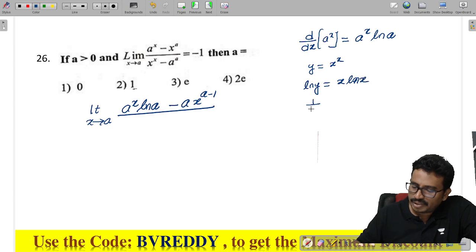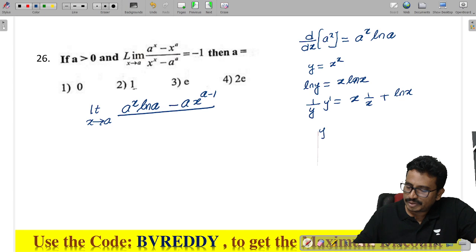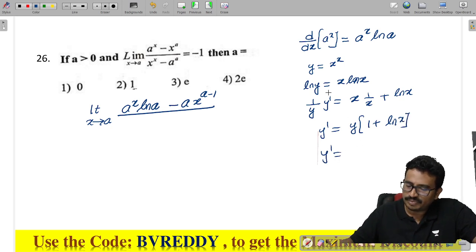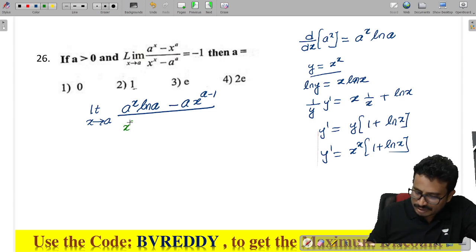Apply the derivative: 1 by y into y dash equals x into 1 by x plus ln of x. So y dash is y into 1 plus ln of x, that is x power x into 1 plus ln of x. So you can replace it here with x power x into 1 plus ln of x.